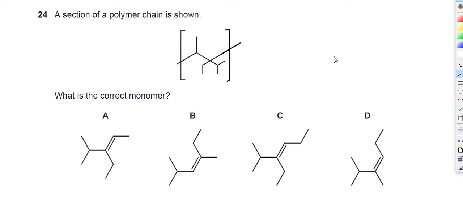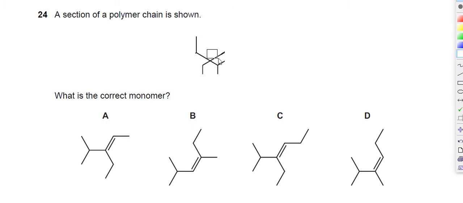Now, after finding the repeat unit, remember to remove the two trails on both ends and put a double bond in between the two carbons. So let's erase this one, and this one.